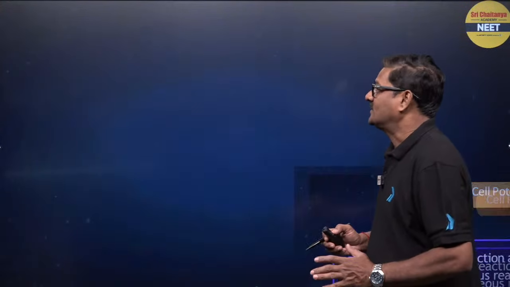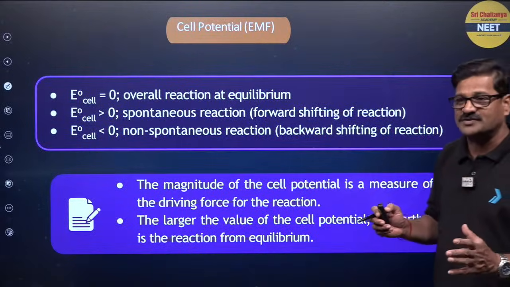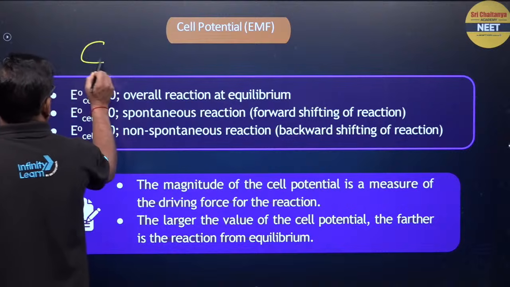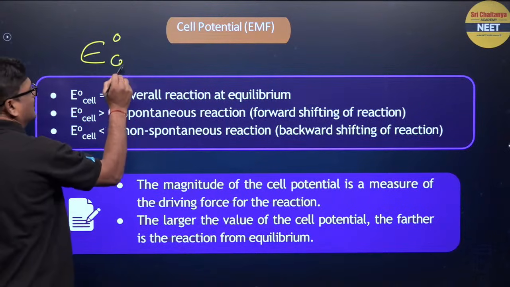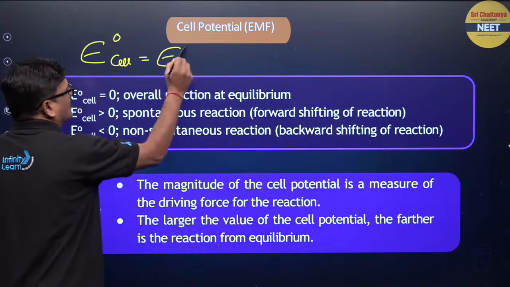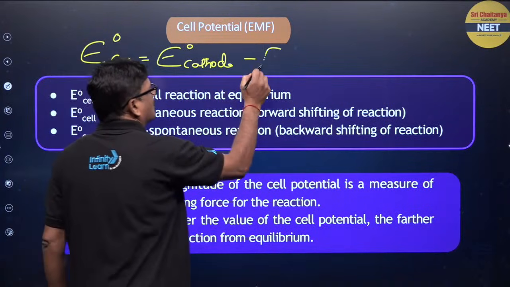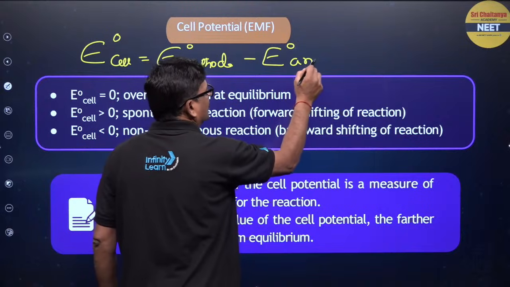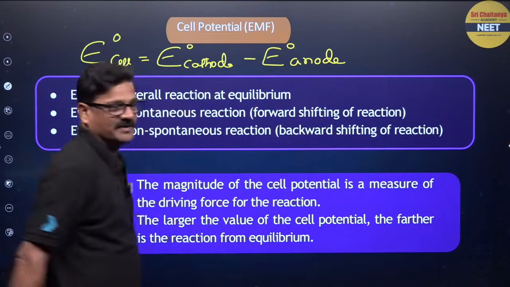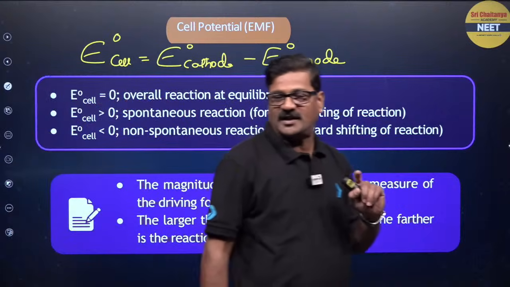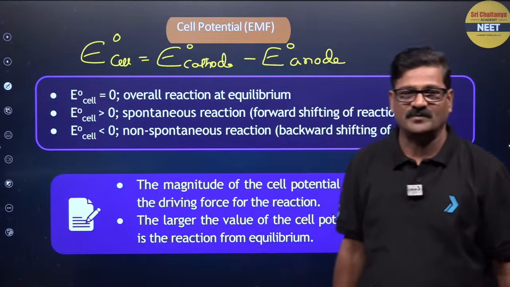Now, let us go into the detail. Cell potential EMF. E naught cell is equal to E naught of cathode minus E naught of anode, right? That's perfect. So oxidation potential लेना है, reduction potential लेना है, they both confuse का चीज है.